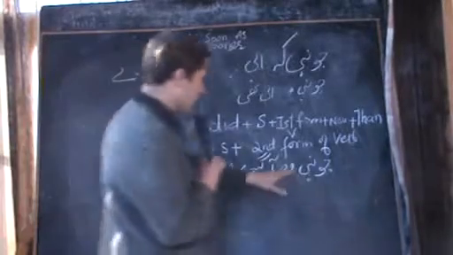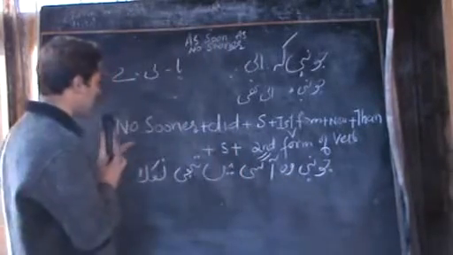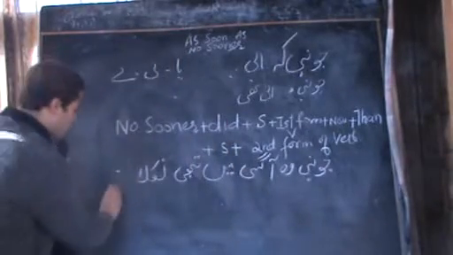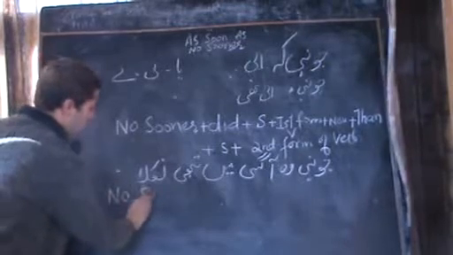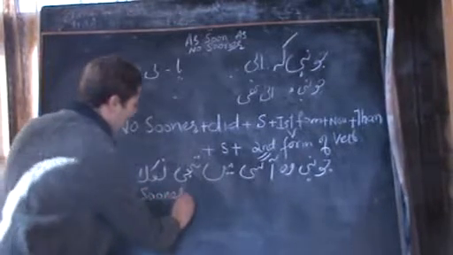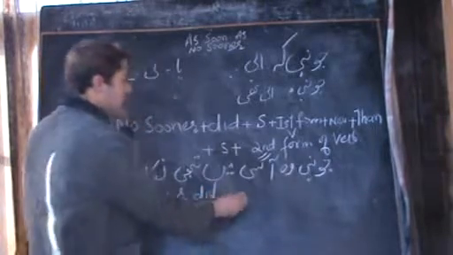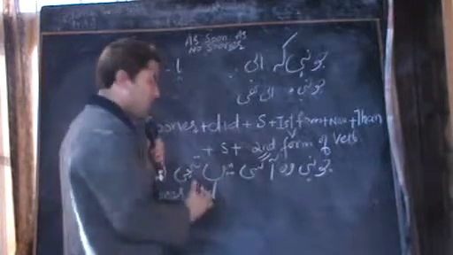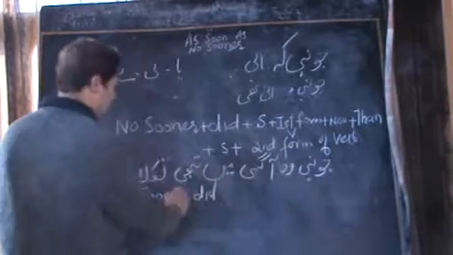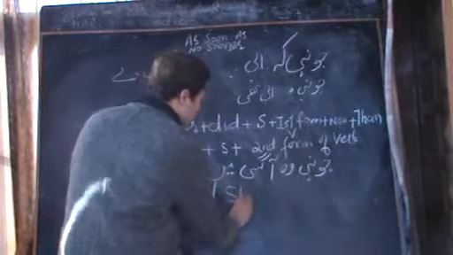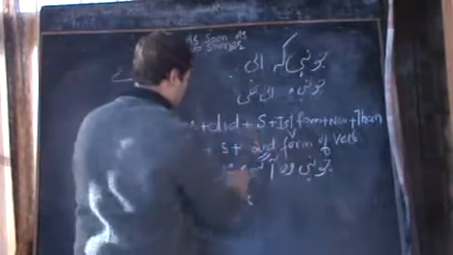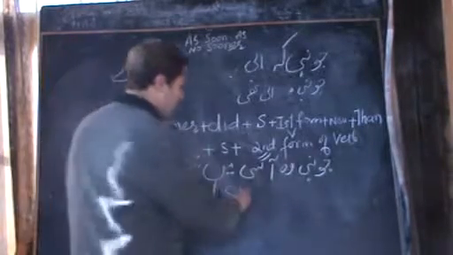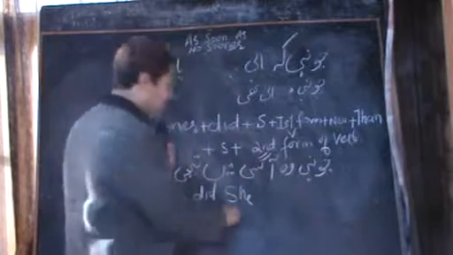It's a very simple sentence. First we have to translate it like no sooner, then it's past, so we use did. So I write here first no sooner did, then the subject is she, it's a feminine third person, so feminine third person is she. So no sooner did she, then the first form of this is come.